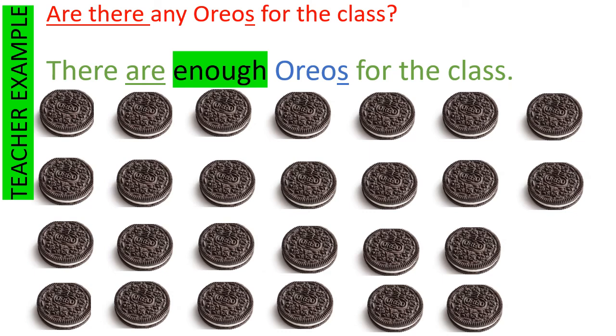So if you say have Oreos for the class, you need to say we have enough Oreos for the class, or they have enough Oreos for the class. You cannot say just have enough Oreos for the class. That's a very common mistake, okay? But today we will practice saying there are. So there are doesn't mean anybody has them. It just means that we can see them. There are.